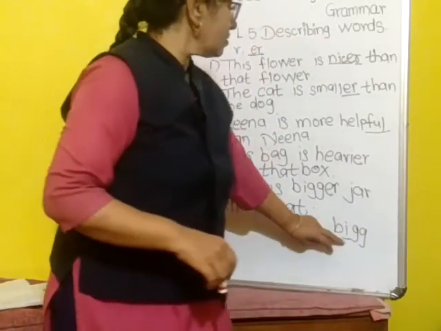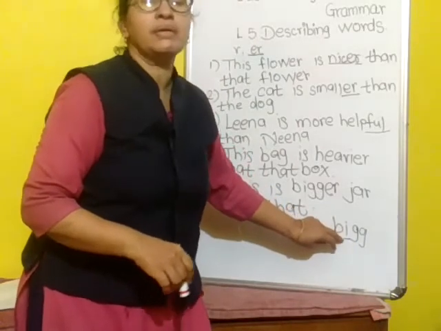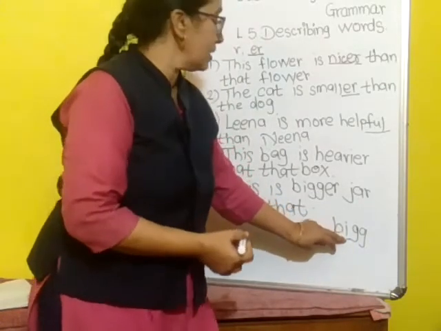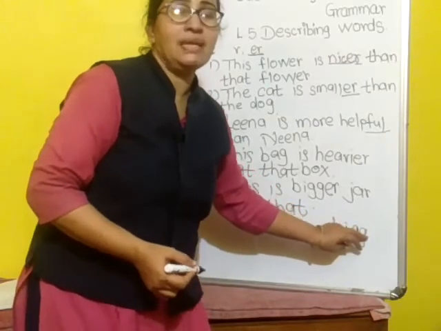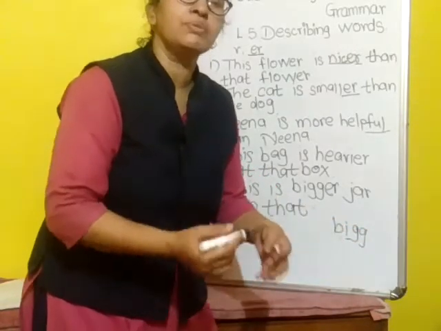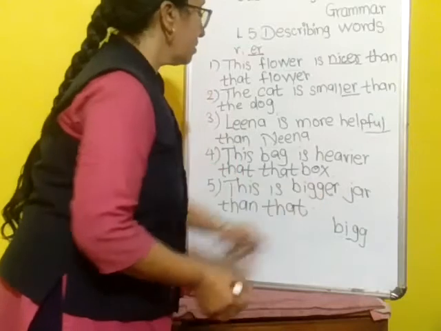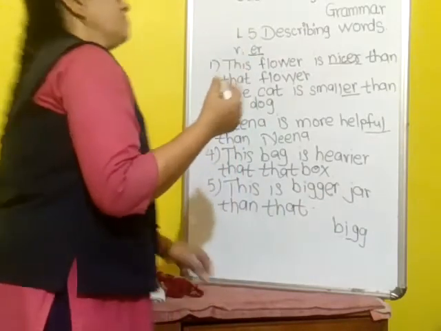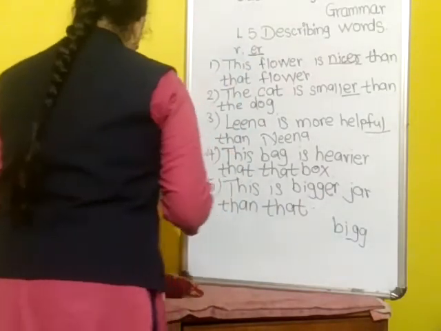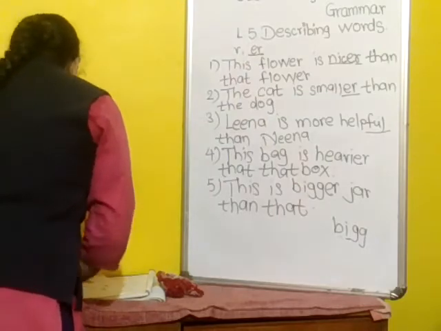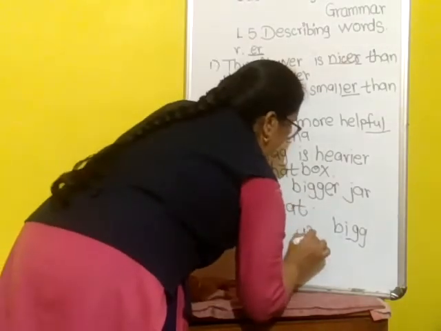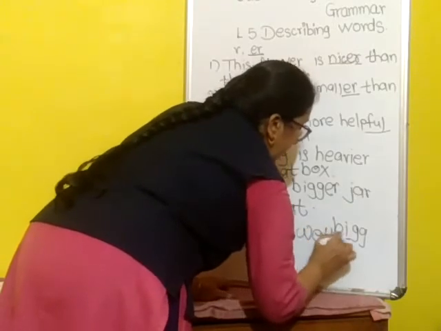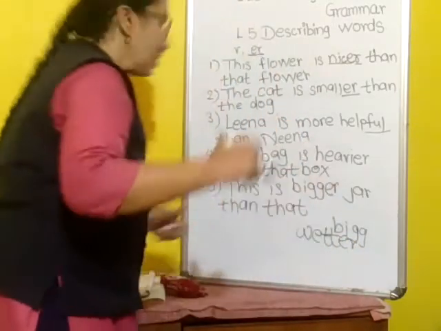The vowels are a, e, i, o, u. Then you should double this last letter. In this way, bigger. Then the next is wetter, w-e-t-t-e-r. Wetter means गीला होना.